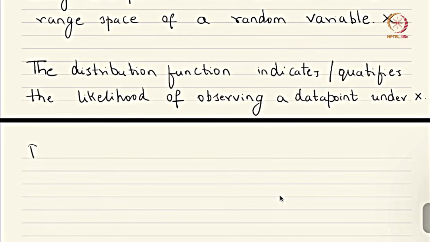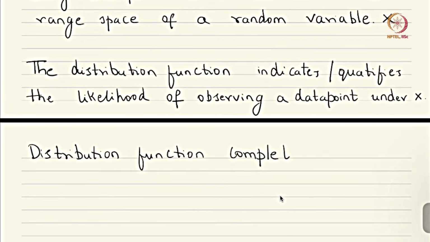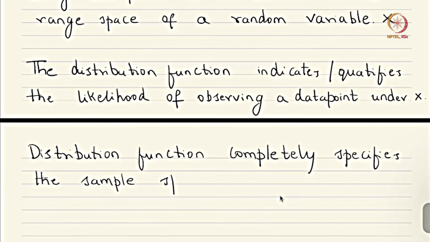So, distribution function completely specifies... so this is the key observation. Okay, distribution function completely specifies the underlying sample space. Do you understand why? Is this clear? Because this is very important, take a moment to understand this, and if you do not, ask questions.